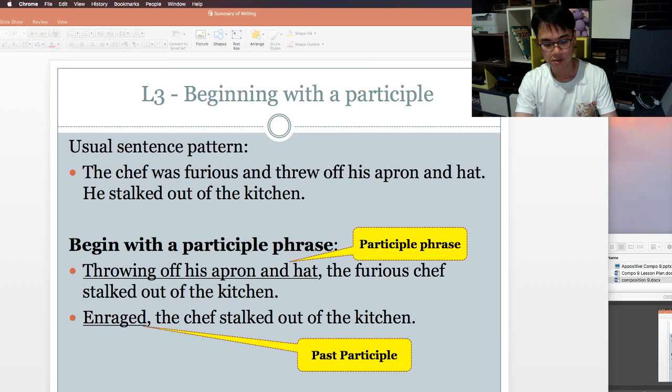Singing loudly, the children of the choir streamed into the hall. Okay, that's an example in the live chat of another present participle starting a sentence.